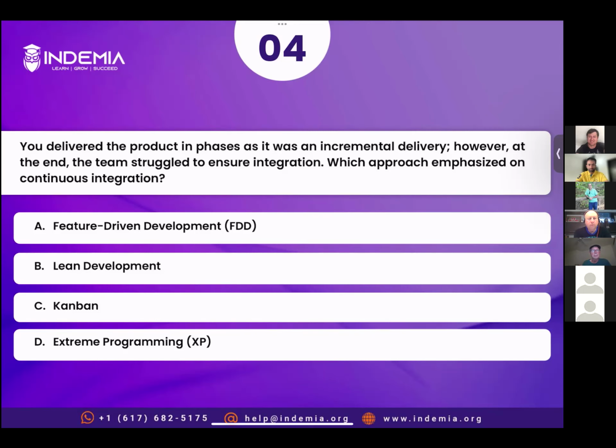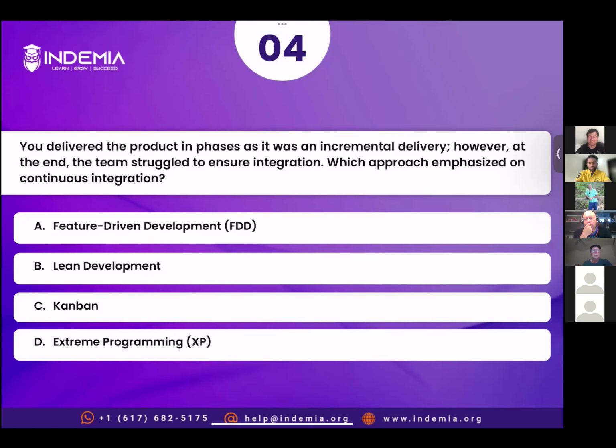So basically, if you allocate the work in progress and you limit the WIP, you could continuously integrate those aspects from development into other operations and ensure integration. I don't have a very good rationale, but I played it.